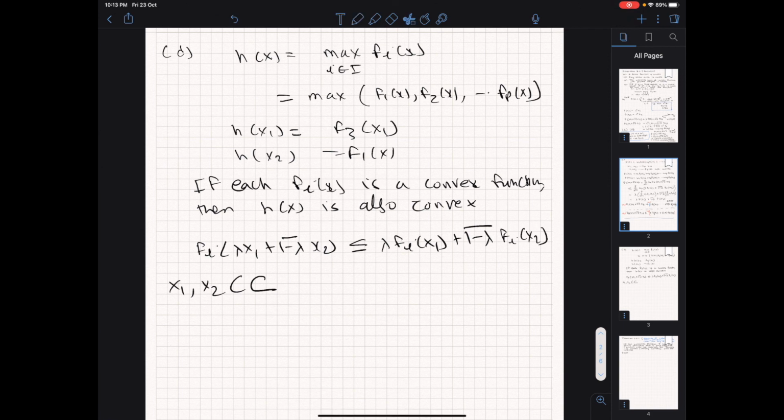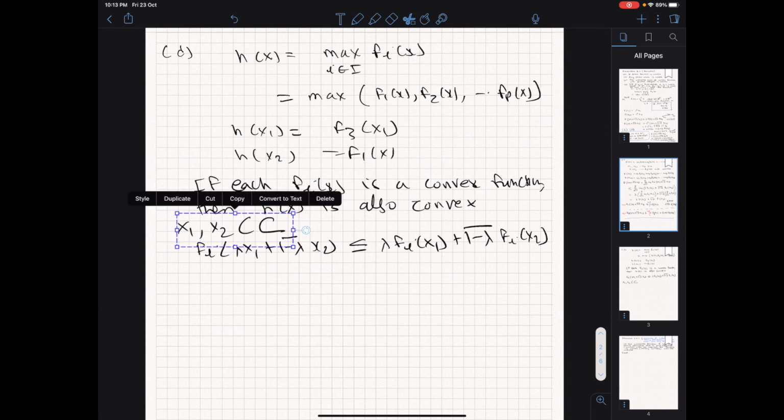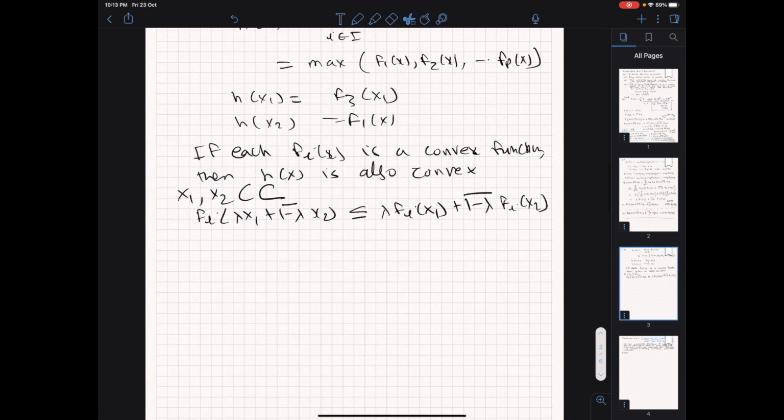So now we know this. But we can also say that each of these individual functions is less than h of x. Can I say that each fi of x is less than or equal to h of x?